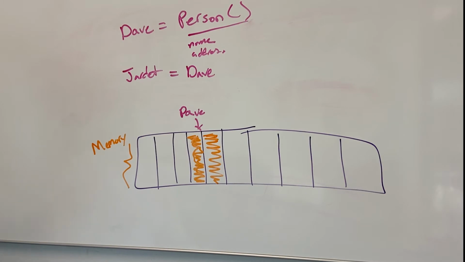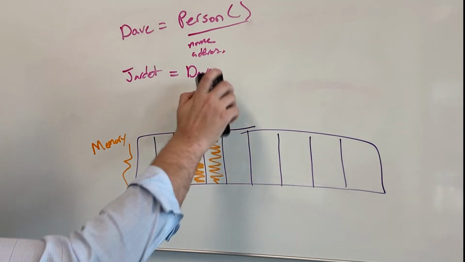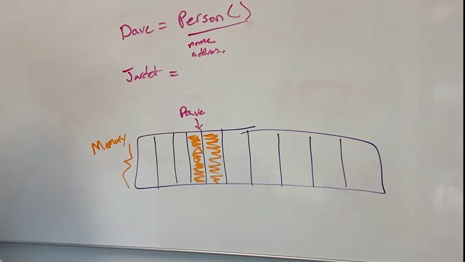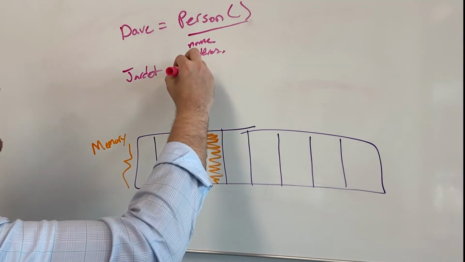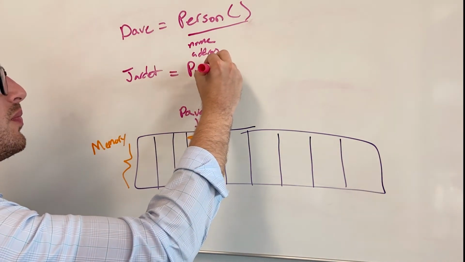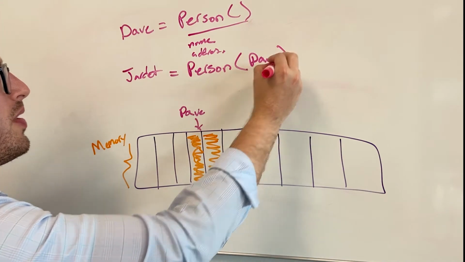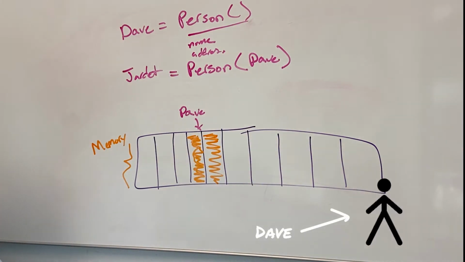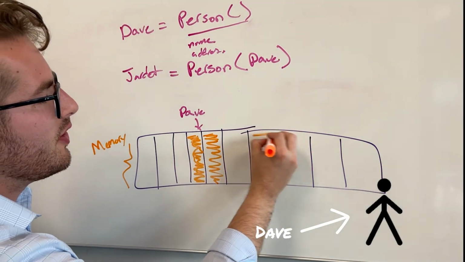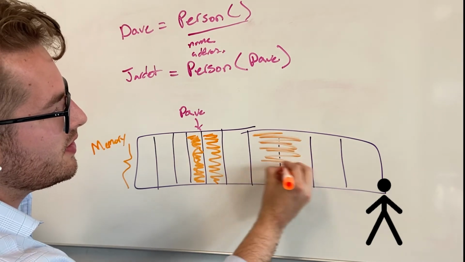It could mean that one, we either overloaded the equal operator, and this is constructing. You could have a person constructor that is overloaded with Dave, so that way we know that Jarrett is a second person.